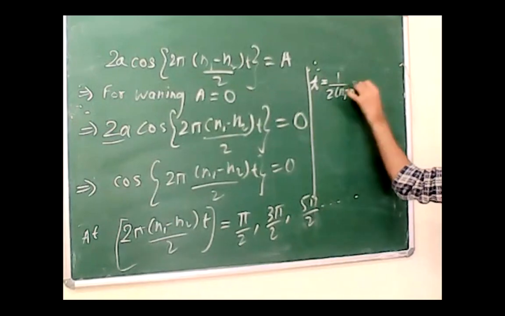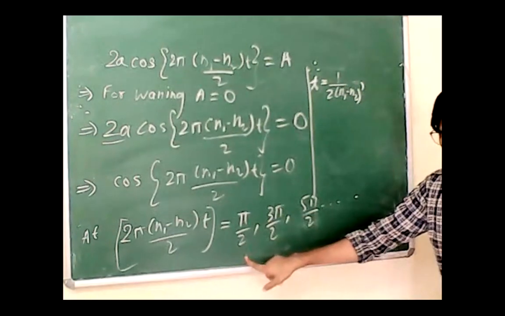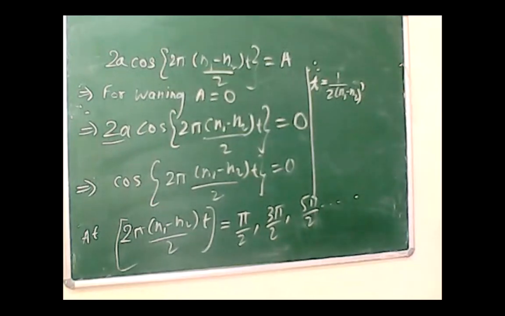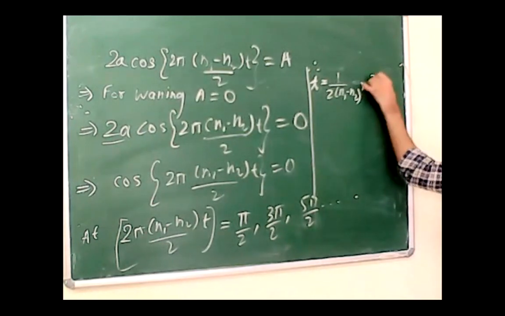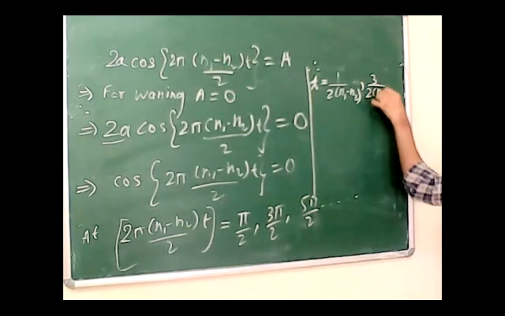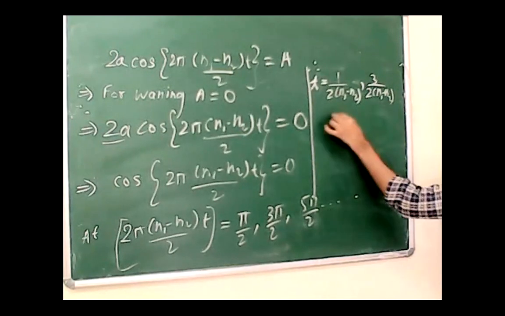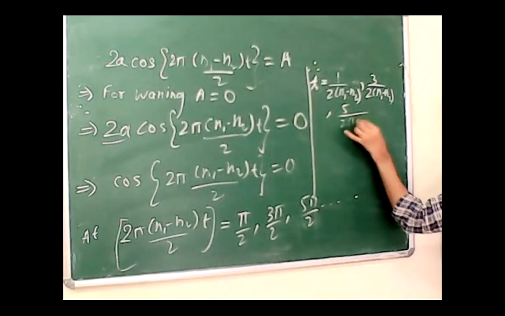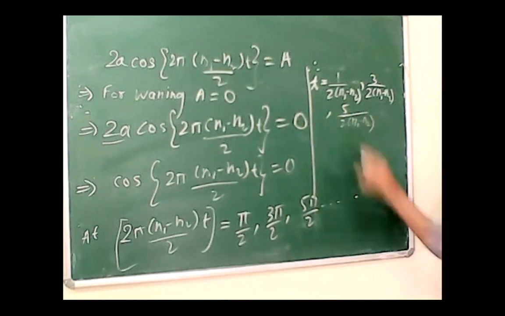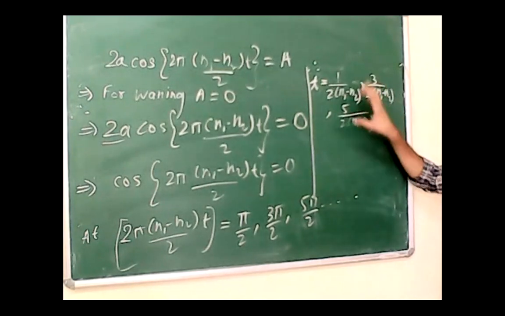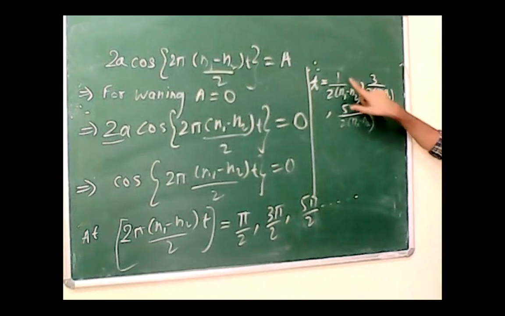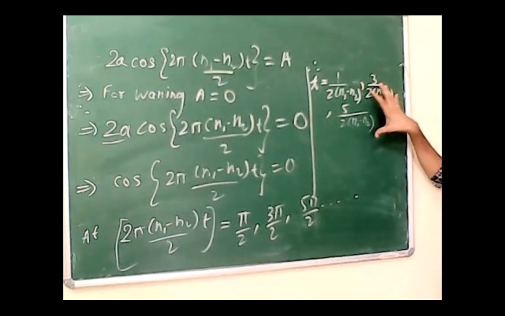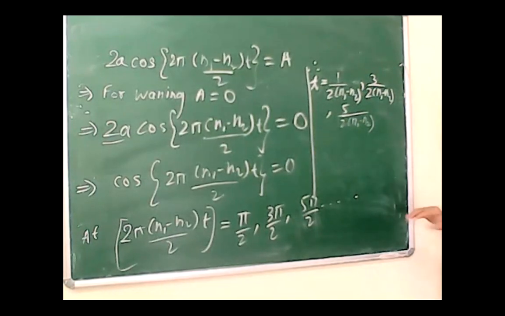This comes first. Then after that you will get 3 by 2(n1 minus n2). Then again after that you will get 5 divided by 2(n1 minus n2), and so on. So again we get 1, then 3, then 5, then 7 and so on. So these are the time intervals at which we get the condition of waning.